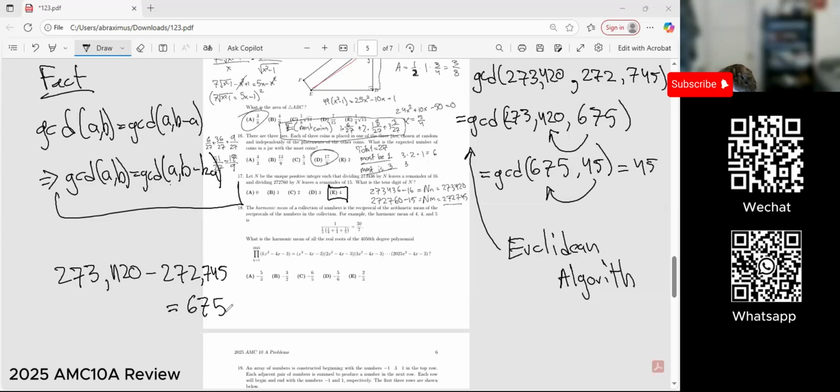So 273,420 minus 45 divided by 675. So now, 273,420 is equal to 405 times 675 plus 45. So we can delete this number and just replace it with the remainder. Yeah, and just use the remainder.